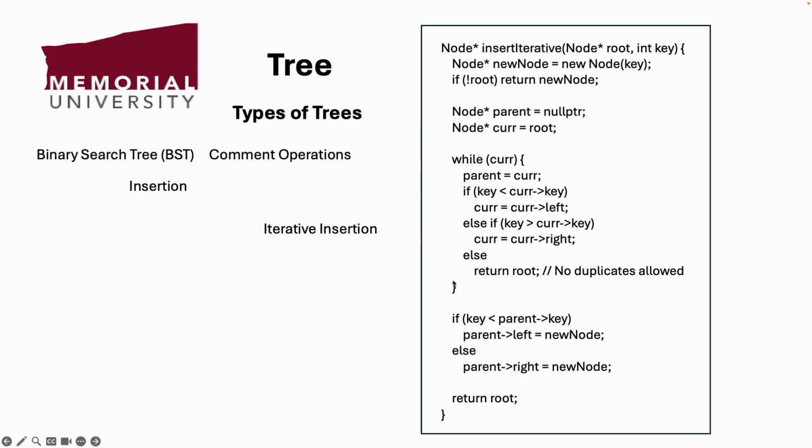In this while loop, we set the parent node equal to the current node, starting from the root. If the insert key value is less than the current key value, we go left. Otherwise, we go right. If they are equal, return the root. It means no duplicates are allowed.